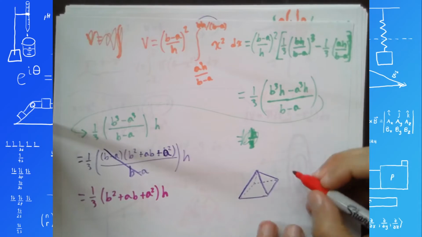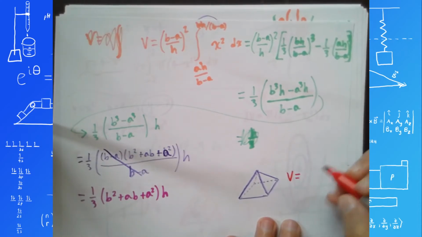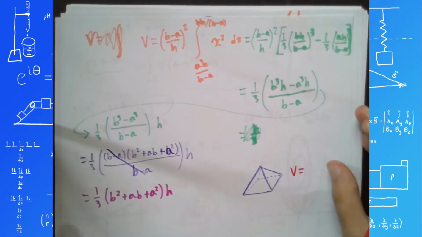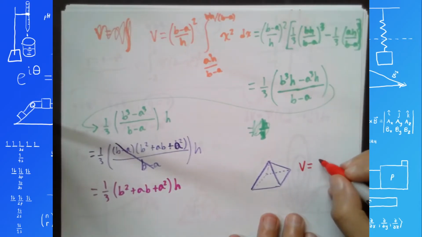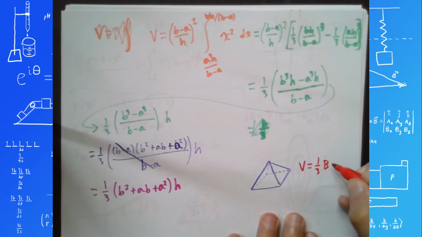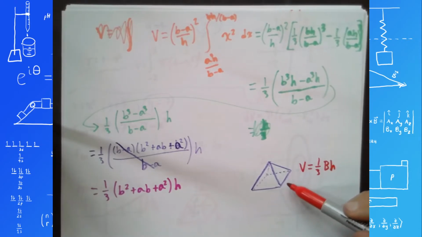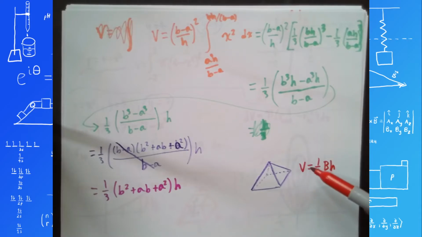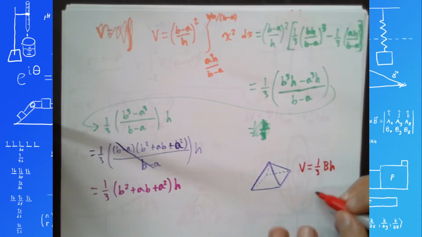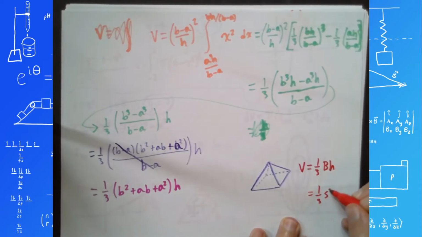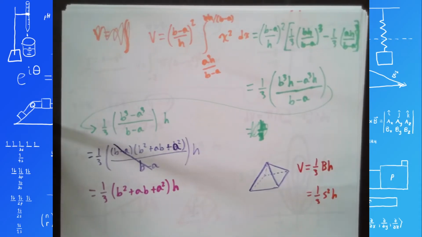I could tell you stories about my classmates in college who didn't remember some essential volume and surface area formulas that we needed to know for physics. The volume of a pyramid that you learned in geometry, at least for a right pyramid, is 1/3 the area of the base times the height. In this case, our base area is the area of a square, so you could write this as 1/3 s squared times h.